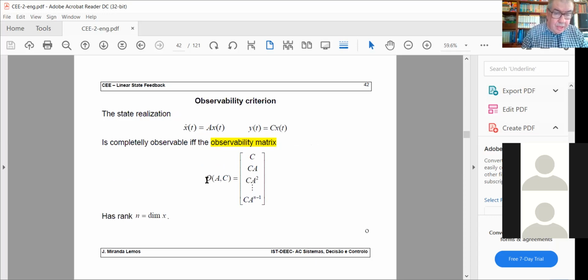Now, the pair A, C is observable if this matrix you see here, the so-called observability matrix O, has rank equal to the dimension of x. This rank condition applies in any case, even if you have a multidimensional observation.